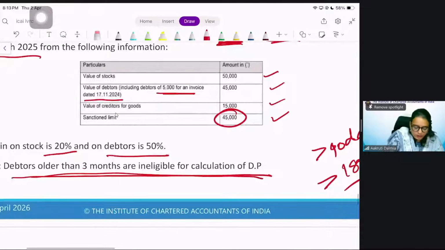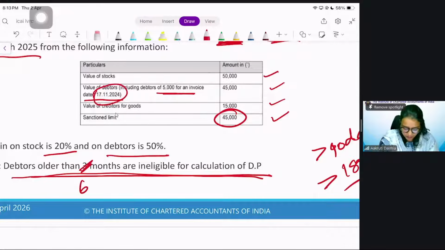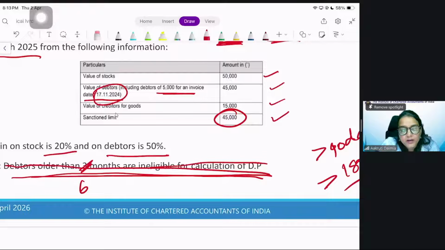So this is more than 90 days. If here it would have been given 6 months, then you would have included that debtor. Abhi itna clear? Okay. If the note is not given, then we will always assume 90 days. If the note is not given at all, तो हम क्या assume करेंगे? 90 days. Note नहीं दिया है तो 90 days we will assume.